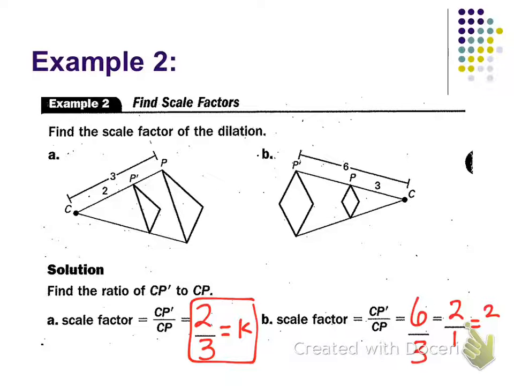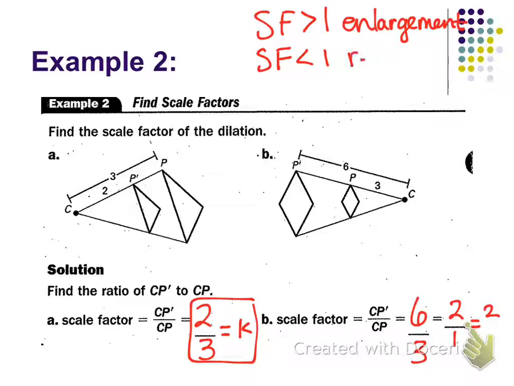Make it bigger. If you want to write yourself a note, you can. If your scale factor is greater than 1, it's going to be an enlargement. If your scale factor is less than 1, it's going to be a reduction. Knowing that and keeping that in mind can be a nice way to check yourself on problems sometimes.